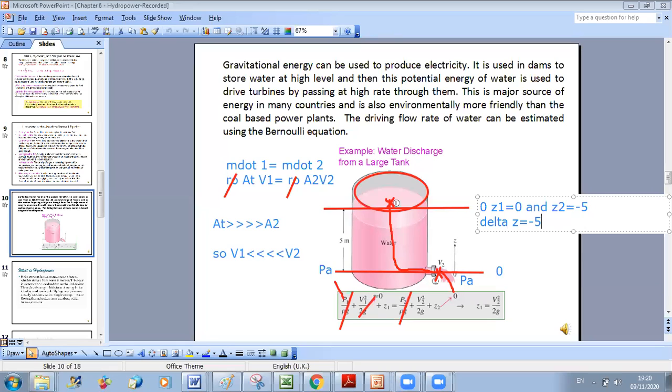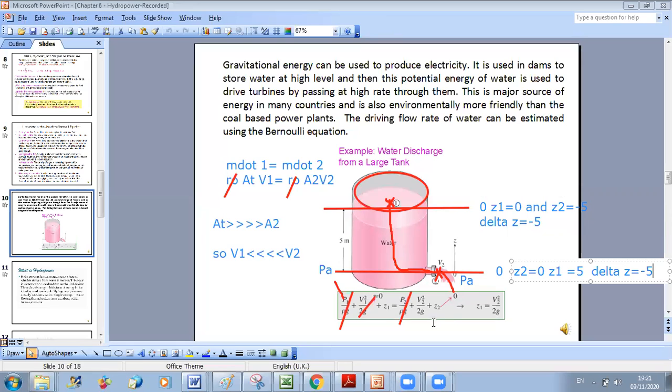So wherever your reference is, you will get the same delta Z. Because if I choose the 0 reference at the low level, I have Z2 equals 0, but Z1 equals 5. So if I do delta Z again, I will still obtain minus 5. This is why we say that you can take the reference wherever you want. It will not affect your result because it will affect the values of Z but not delta Z.